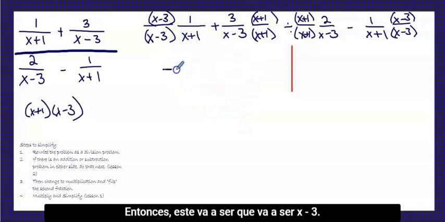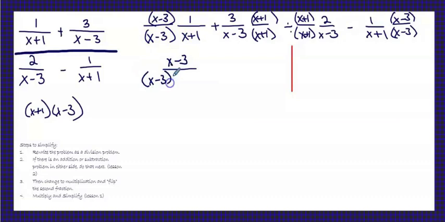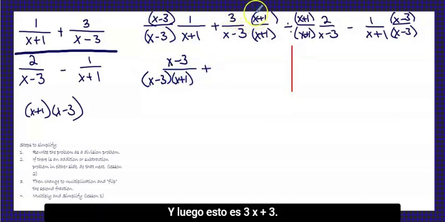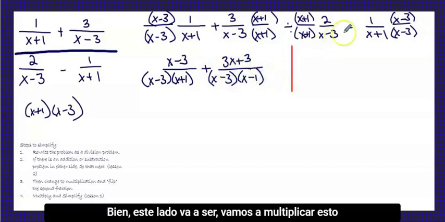Okay, so this one is going to be x minus 3, and then our common denominator. And then this is 3x plus 3. This side, we're going to multiply this 2 in.